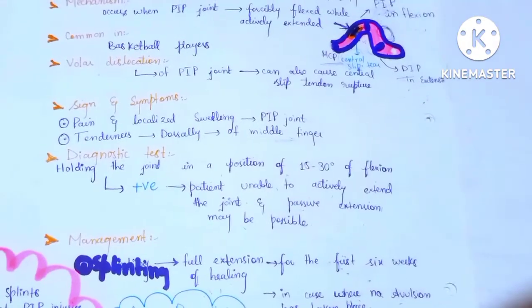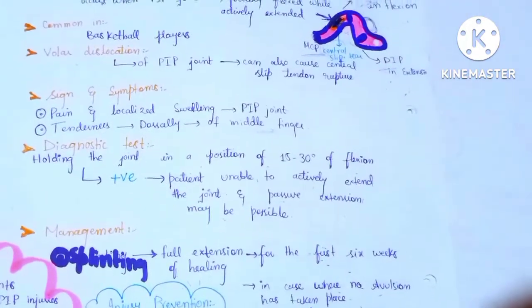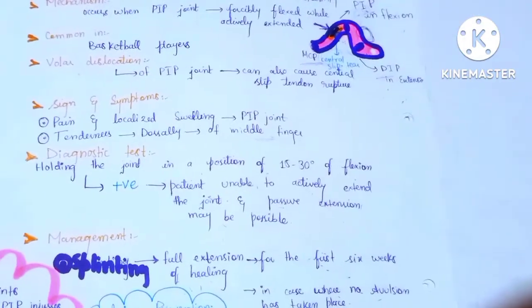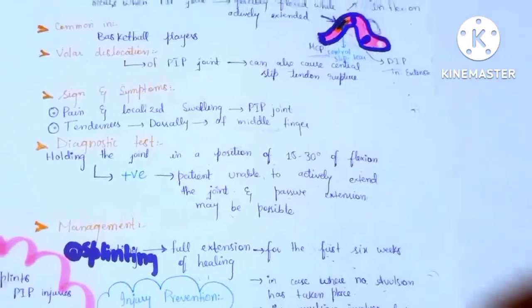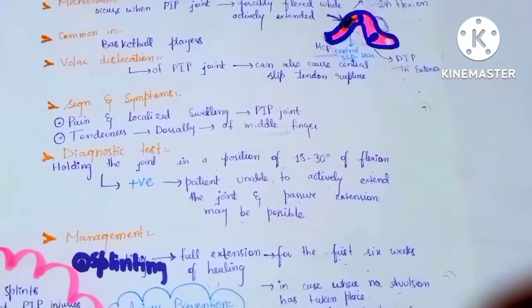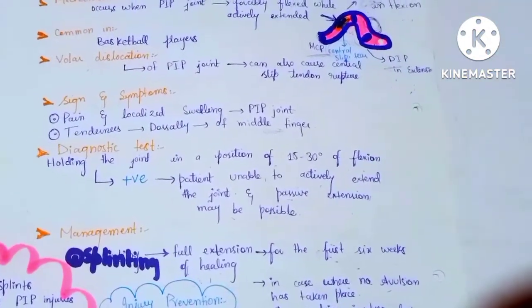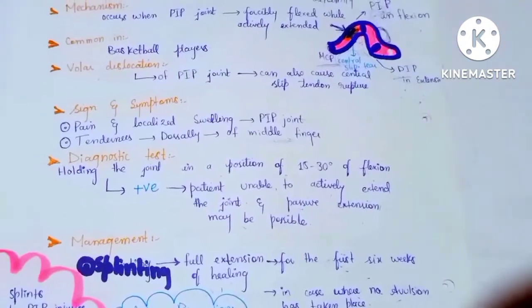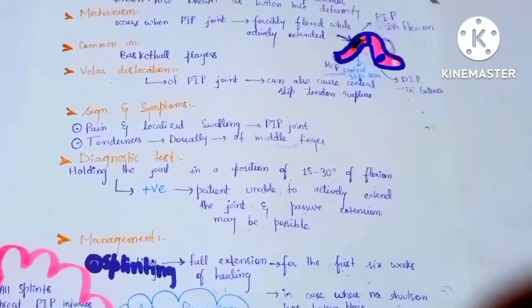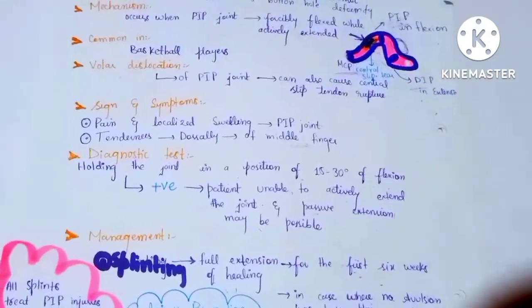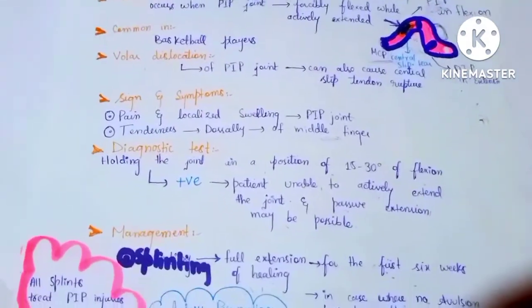The diagnostic test is simply holding the joint in a position of 15 to 30 degrees of flexion. A positive sign is that the patient is unable to actively extend the joint, while passive extension may be possible. Simply, when you position the joint at 15 to 30 degrees of flexion, the patient is unable to actively extend when you instruct them.